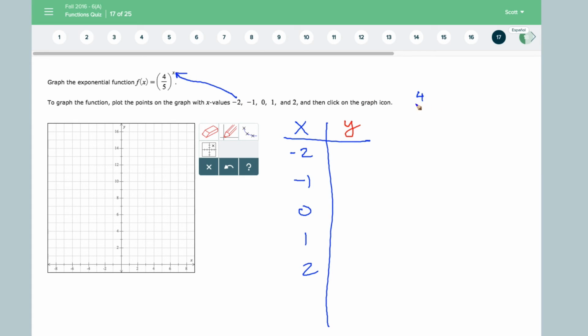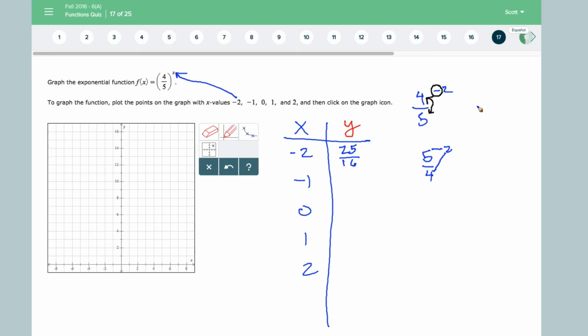We have 4 over 5 to the -2 power. What does that negative tell us? This negative right here tells us that we have to flip the fraction upside down. Okay, so that becomes 5 over 4 squared. And that squared goes to both of these. So what's 5 squared? 5 squared is 25. What's 4 squared? 4 squared is 16.